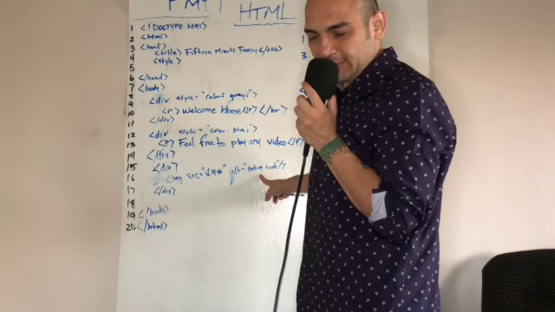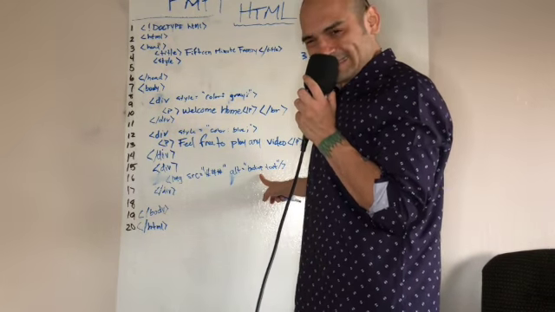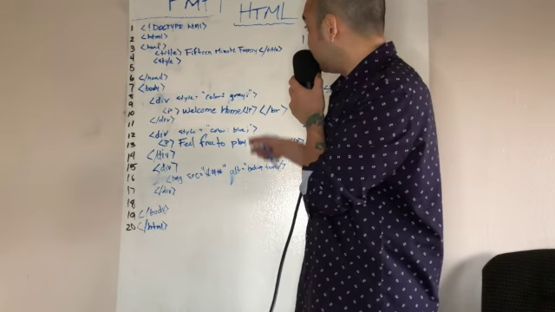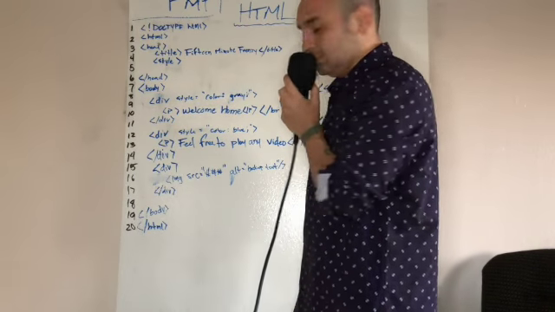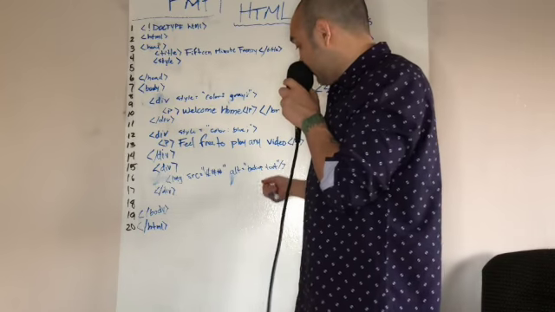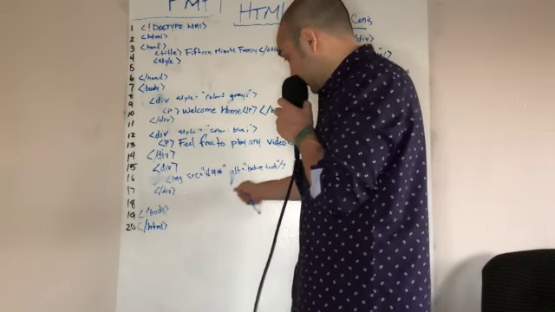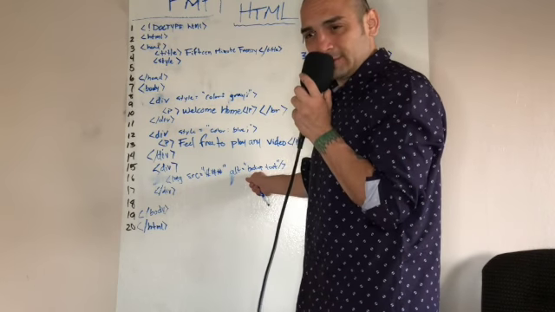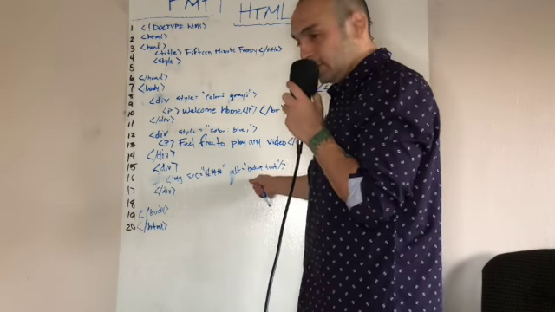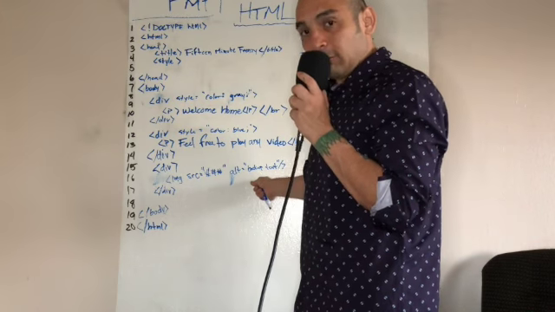It's always best to be as descriptive as possible because this is a backup to your image. So if I have an image of my website logo and it's not working, I want a good description of what that logo is, so you're very clear what it is there.